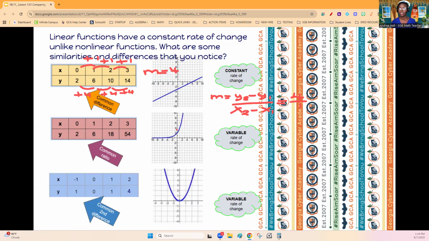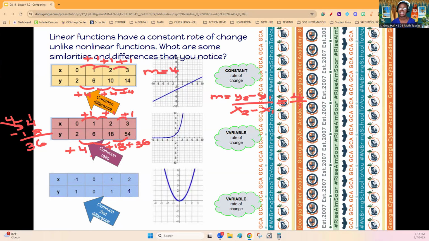This is an exponential function. They have what we call a common ratio. So this is still going up by 1, plus 1, and plus 1. But here, you notice if I do 6 minus 2, I get 4. If I do 18 minus 6, I get 12. And then if I do 54 minus 18, I get 36.